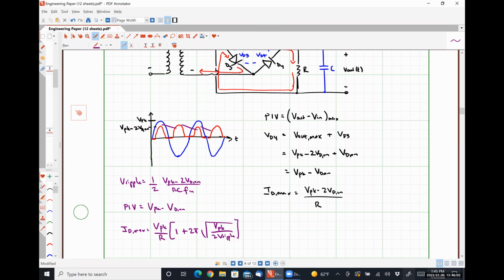So from an equation standpoint, the only change that we see between our center tapped full wave rectifier and our bridge rectifier is that we get a factor of 2 VD on in our ripple calculation because there are 2 diodes in the signal path for each half cycle. And we get a reduced peak inverse voltage. Other than that, they function practically the same.